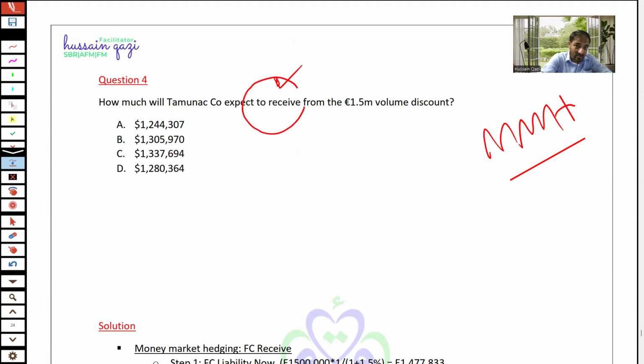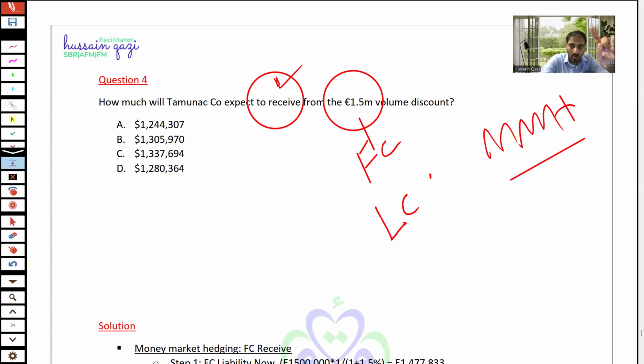Keywords: it's a case of receiving about 1.5 million euro. Euro is the foreign currency, and your local currency is dollars. Don't confuse it with volume discount. It's simple, like a debtor. So very simple.